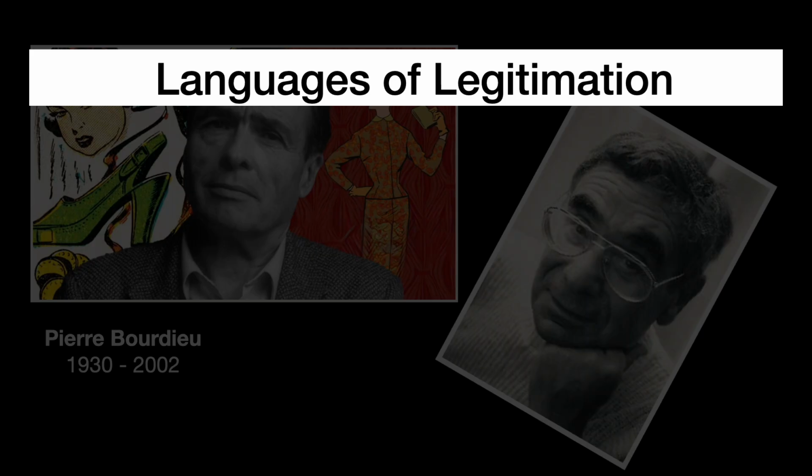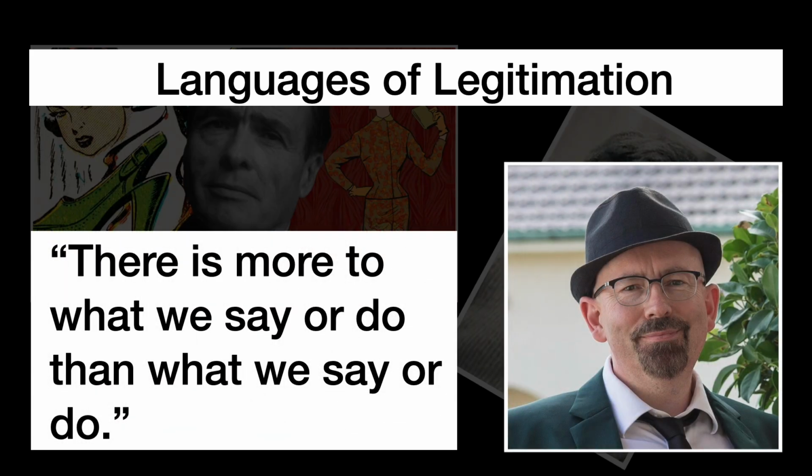A key concept in the LCT framework is languages of legitimation. Now, as Karl Maton is fond of reminding us, the big idea here is that there is always more to what we say and do than what we say and do.